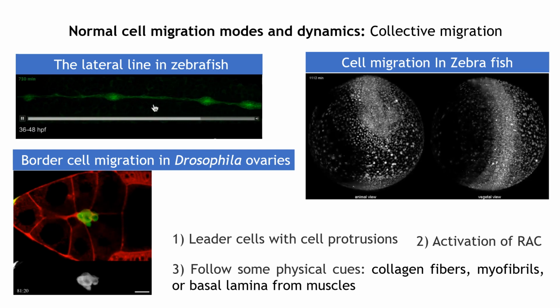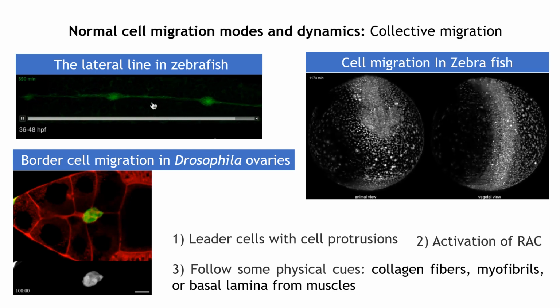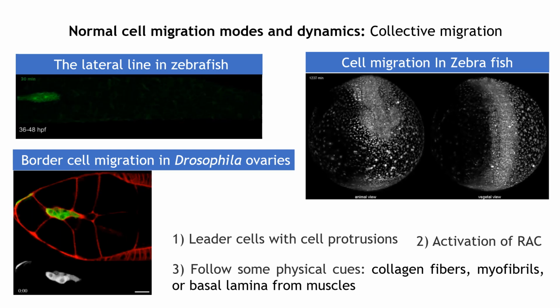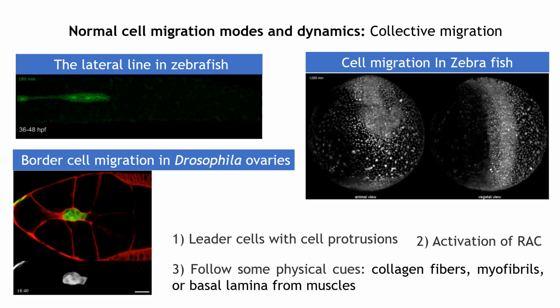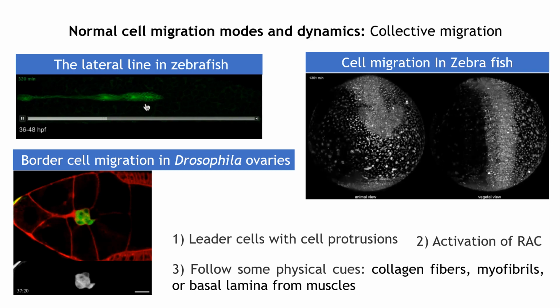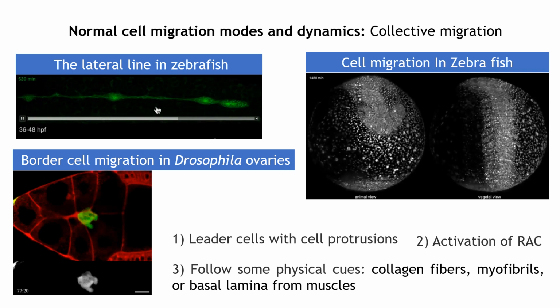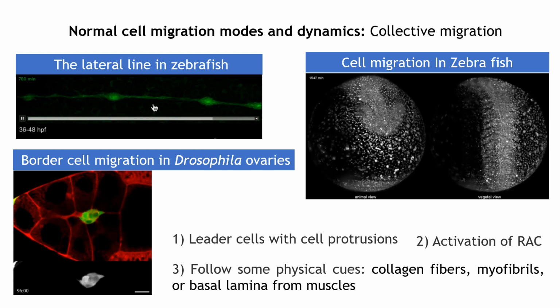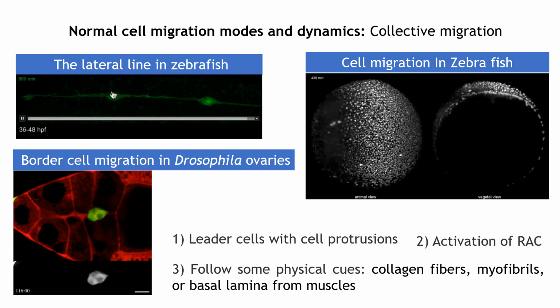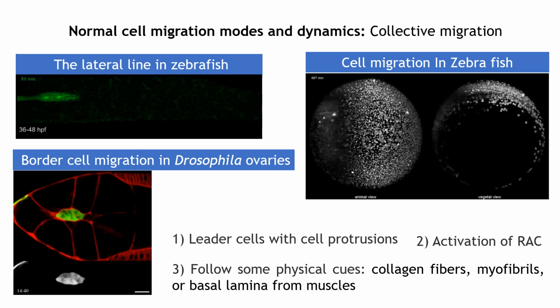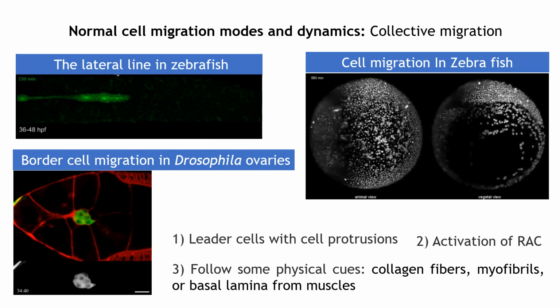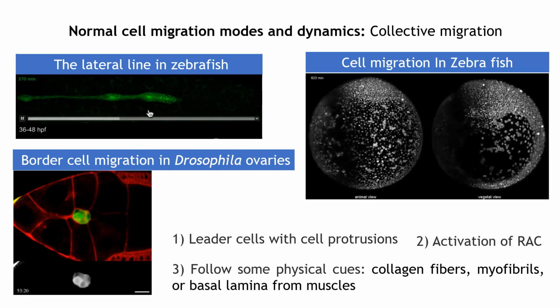I'm going to show you a little bit more about lateral migration in the lateral line in zebrafish, but here, for example, are the early stages of the development of zebrafish. If you're interested, later you can take developmental biology, and we just see how those processes take place very superficially because there are so many things happening there.